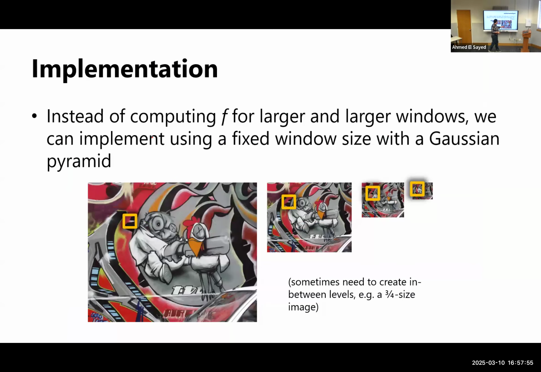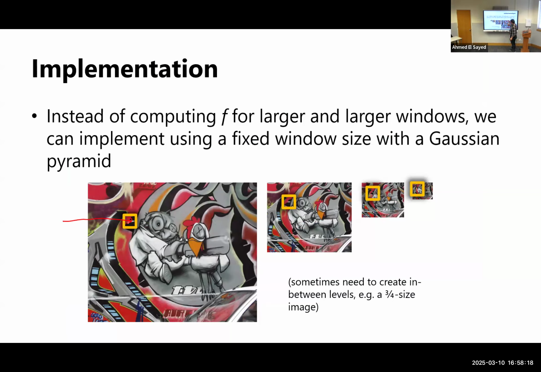So I can generate a Gaussian pyramid. Remember the Gaussian pyramid that we covered before? So instead of generating different window sizes from the image, I will fix the window size and generate an image pyramid from the given image.